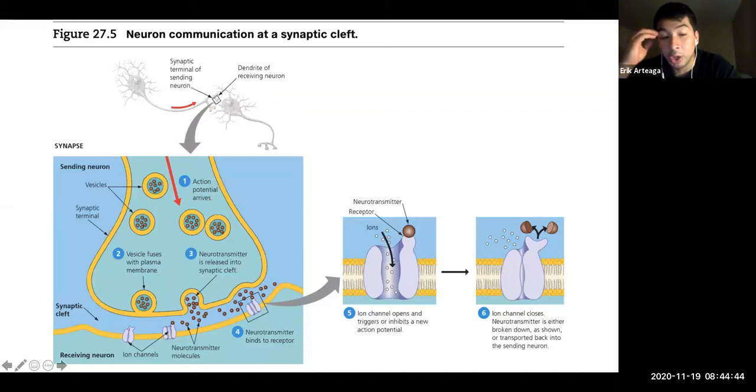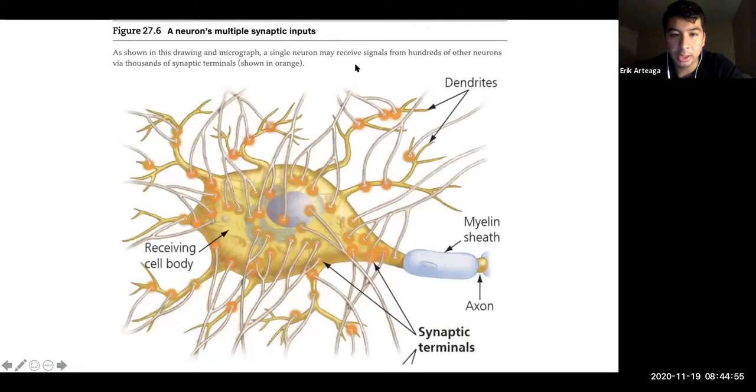There needs to be a strong enough signal from other cells in order to transmit that electrical signal again. So here we have multiple synaptic inputs, right? In order for that threshold to be met, there needs to be multiple instances of activation. Okay, and this is what's going to eventually lead for the action potential to be reached, right?